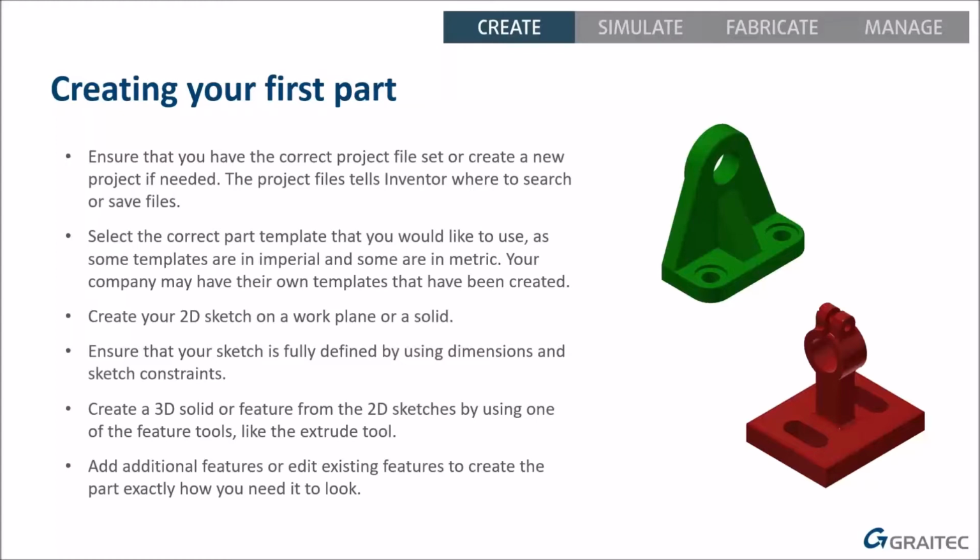So we'll actually make a 3D solid out of that sketch. And then if we want to add any additional features, we'll follow the same steps again by creating a 2D sketch and creating the 3D feature. And if we want to go and alter or change any of those dimensions, we can always go back and do that. Inventor is a fully parametric program, which means that you can alter the parameters of your sketches and your solids.